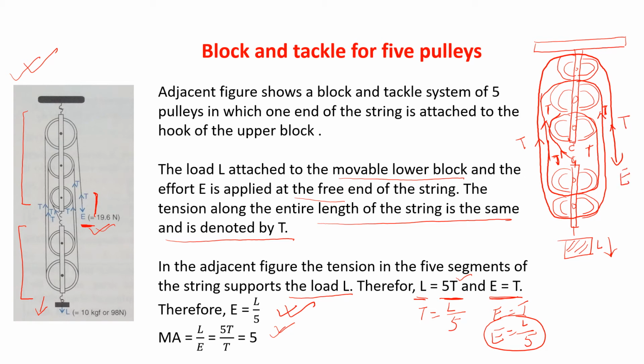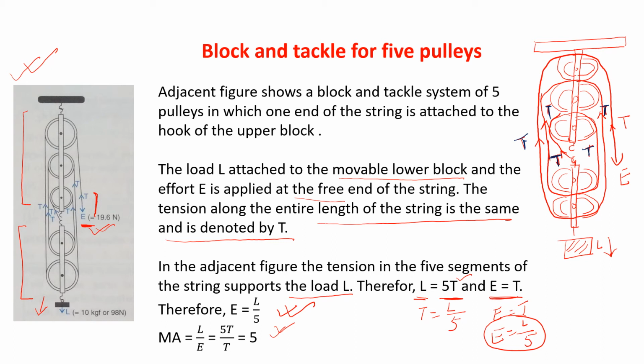Now you can see that the load is balanced by this T, this T, this T, this T, this one, and this one, not this one. You can see that the load is balanced by these 5: 1, 2, 3, 4, 5.